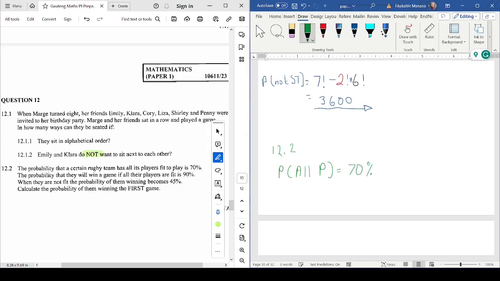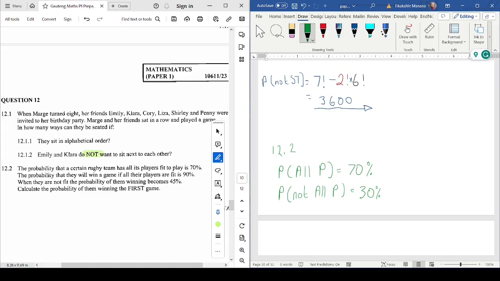And then that by definition means that the probability, the complement of this, of not all players fit to play is therefore 30%. That's a complement because you say 100 minus 70 to get 30.